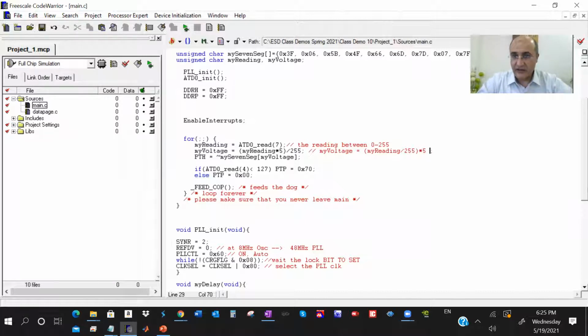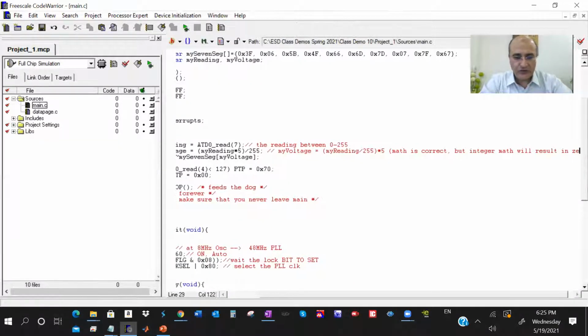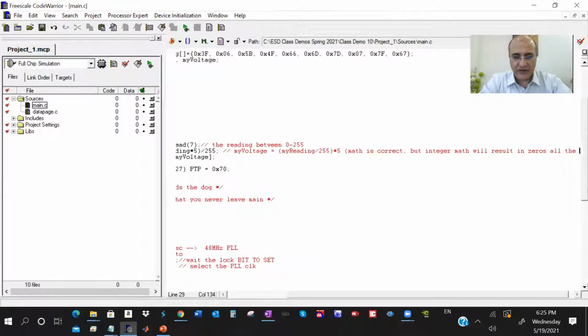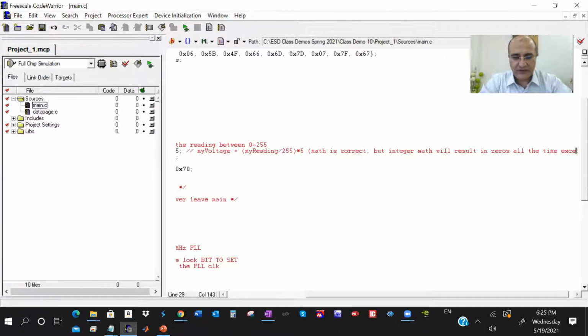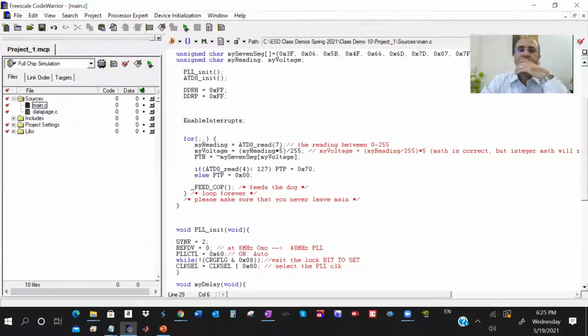Mathematically it is still correct, but integer math will result in zeros all the time except when the reading is 255. Okay.